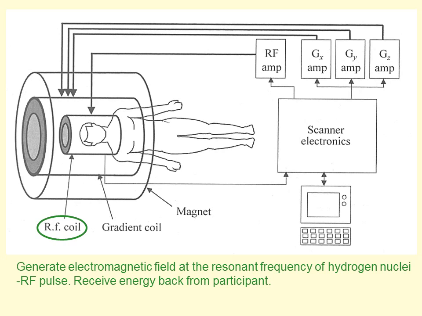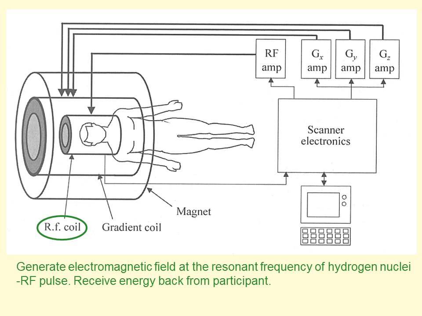Now let's move on to look at the RF coil. This is the radio frequency coil, and it's the thing like a bird cage that your participant's head is contained within while they're in the scanner. The RF coil has two jobs. The first job it has is to transmit pulses of energy into the participant's head.